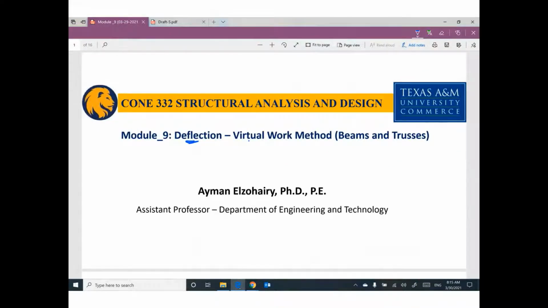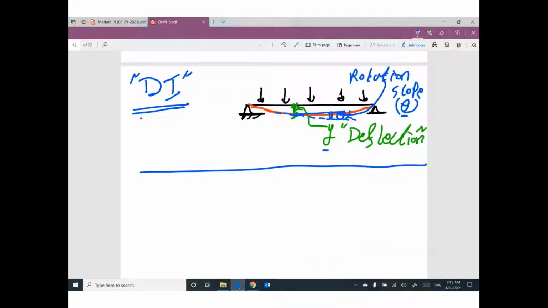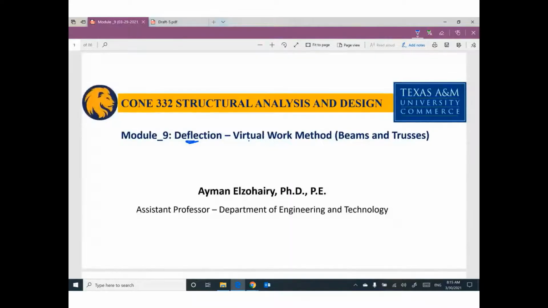Just a hint, the method that we learned last week is used for beams only. 99% for beams only. If we have truss, we will use virtual work method.